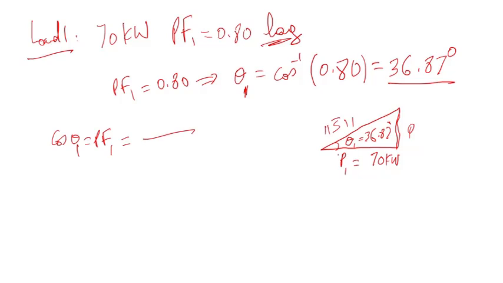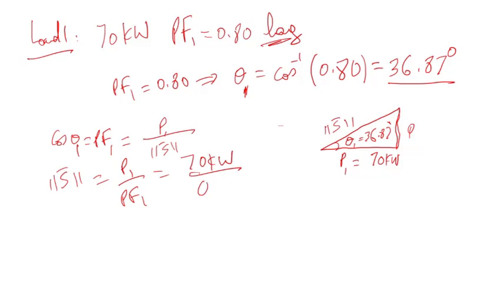Cosine is the adjacent, which is P1, divided by the hypotenuse, which is the magnitude of S. So the magnitude of S is equal to P1 divided by power factor 1, which is 70 kilowatt divided by 0.80, which is 87.5 kVA.